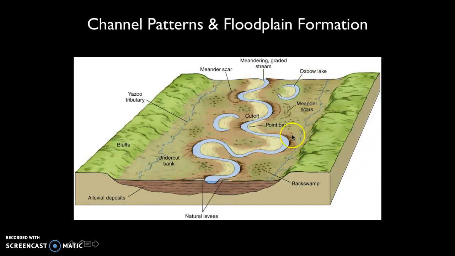And with that different path, it's also carving a floodplain and depositing sediments that are characteristic of a floodplain and are easy to erode through as well once the path of the channel changes.